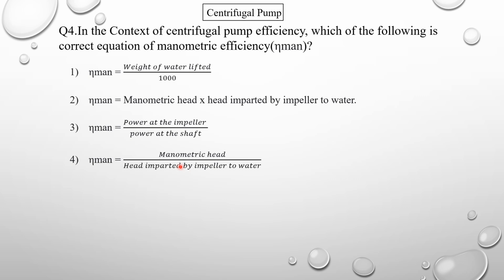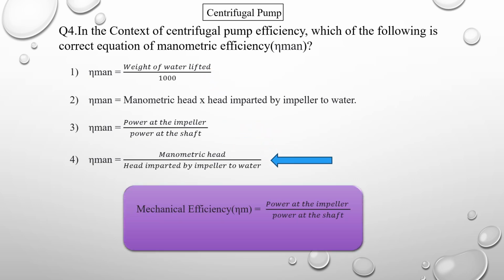Yes, this is the correct option. The manometric efficiency is manometric head to head imparted by impeller to water. Mechanical efficiency is power at the impeller to power at the shaft. Then overall efficiency is the product of manometric efficiency and mechanical efficiency.